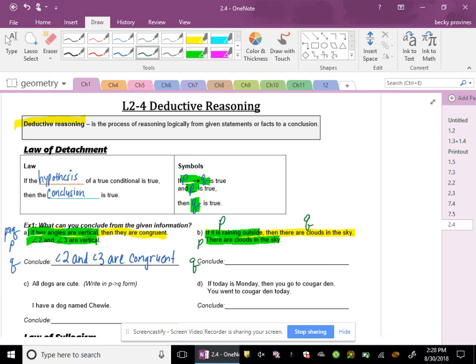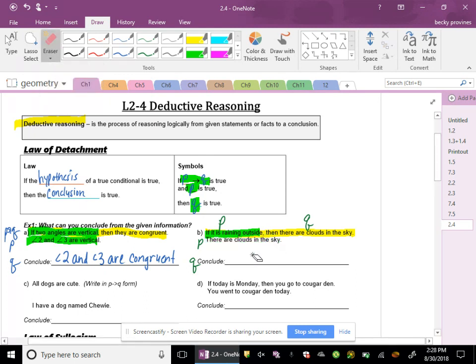And looking at it, this part here, guys, this is there are clouds in the sky. That's more like the Q part, not the P part. The P part says it's raining outside. So they're really trying to mess you up.